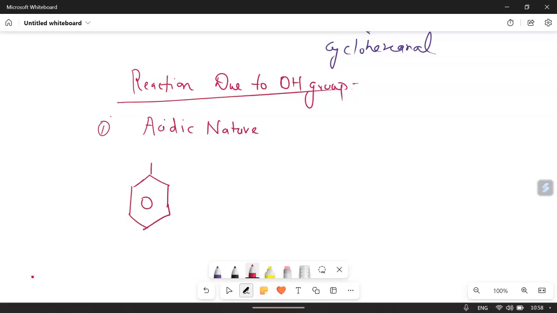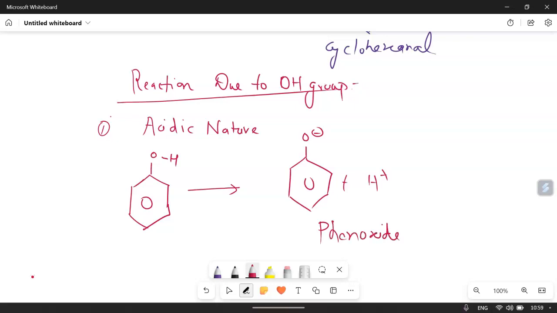suppose this is your phenol, right? It will convert into phenoxide ion and release H plus. We can call it phenoxide, or also known as phenolate ion.